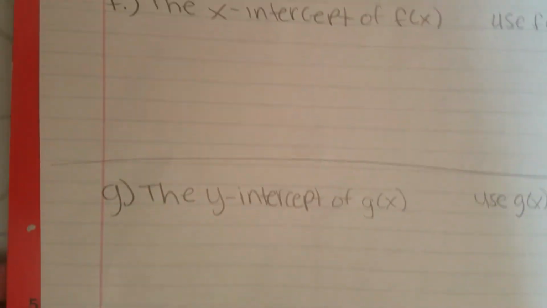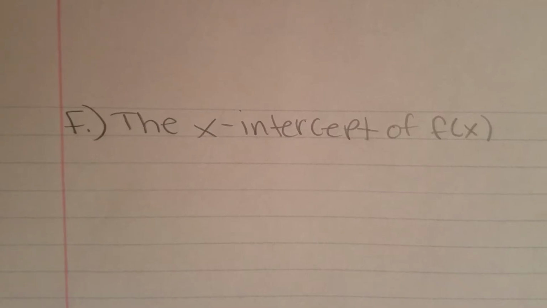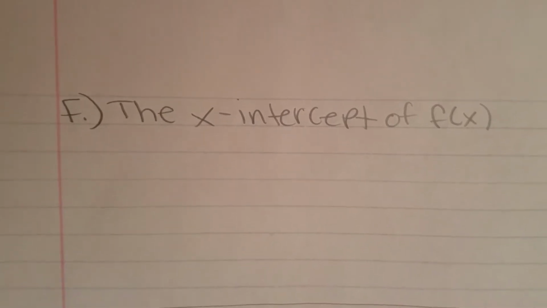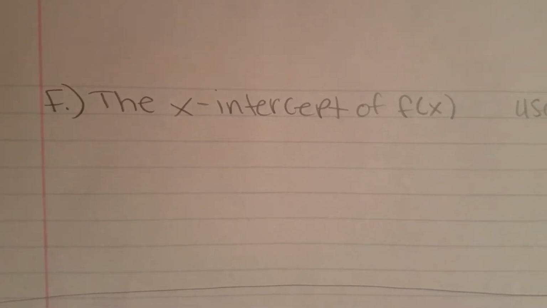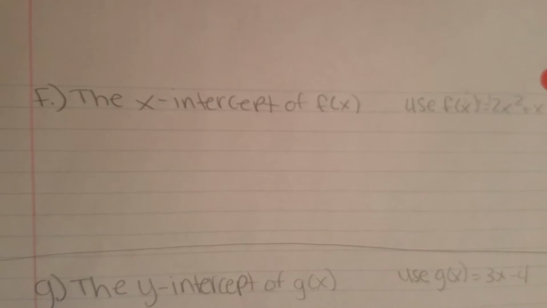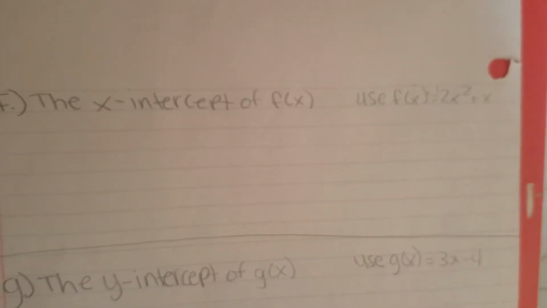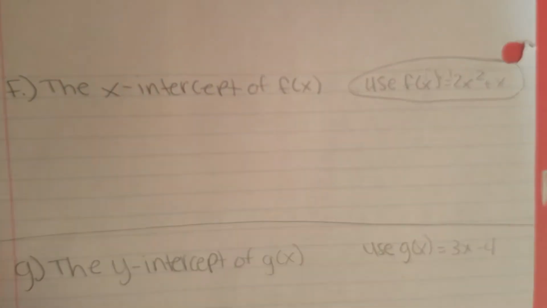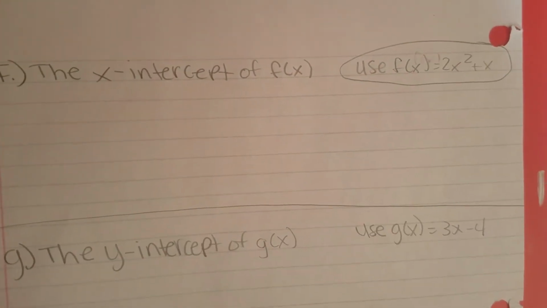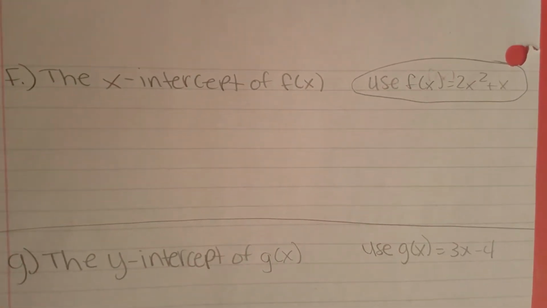Now, moving on to part F. Now we are trying to find the x-intercept of f of x. This is actually pretty simple. We are given the equation right here: f of x equals 2x squared plus x.